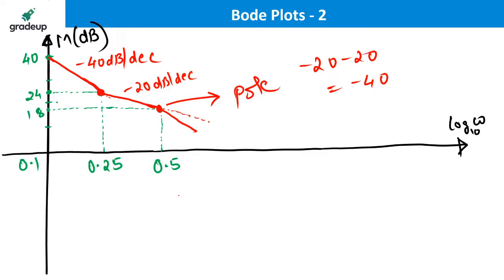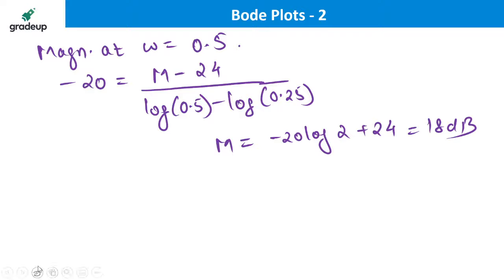So this slope will be minus 40. But again, the point is up till where I should extend it. This will go towards the next corner frequency, that is 1. So what is the magnitude at the next corner frequency?